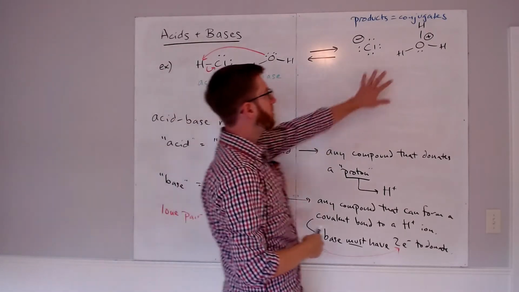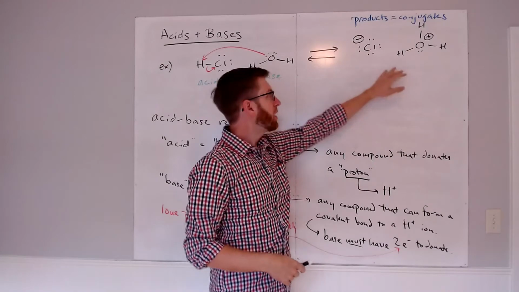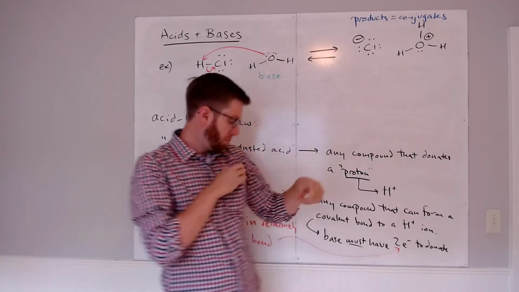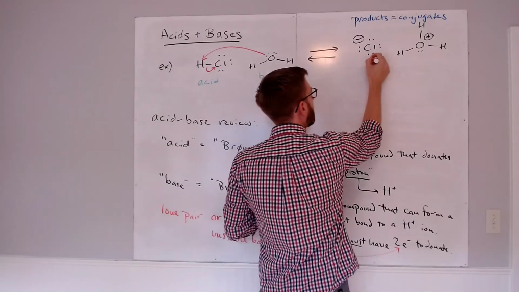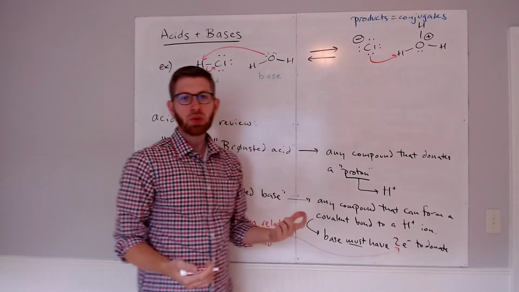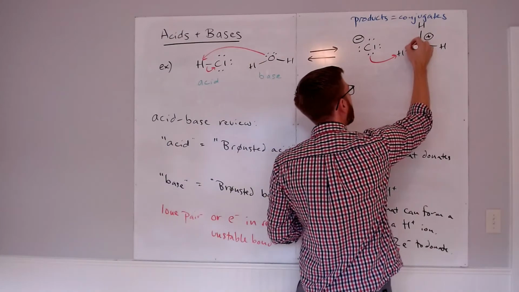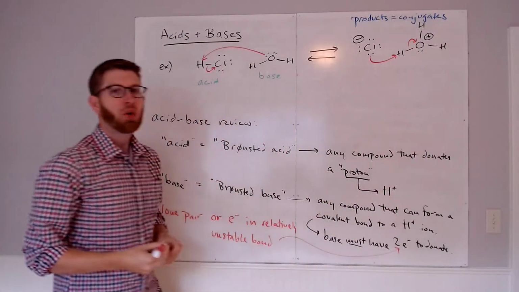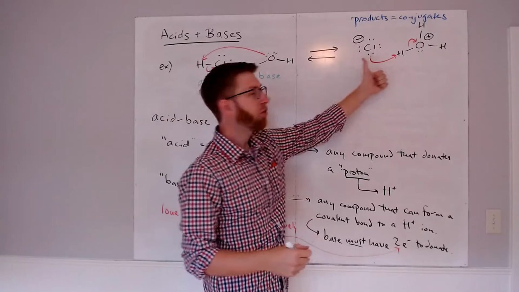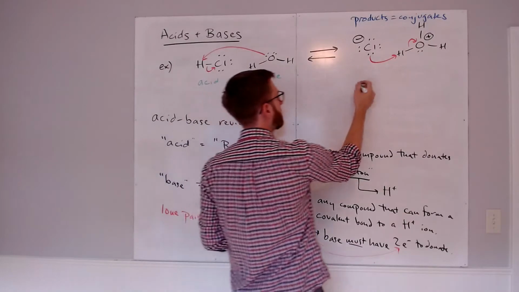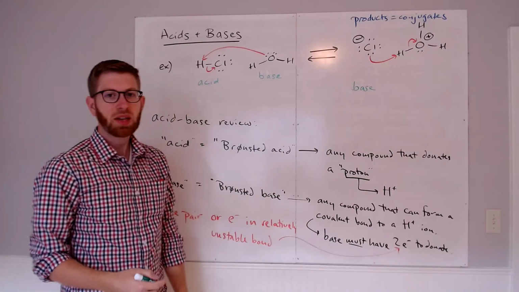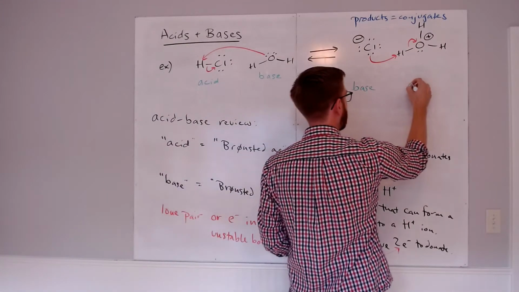So if I just looked at my conjugates, and then I looked at what I would turn them back into, it looks like Cl- could use one of its lone pairs to actually accept a hydrogen into a new bond to the chlorine, and this oxygen would be donating that proton. So it looks to me like the chlorine in the reverse reaction is functioning like a base. And the H3O+ cation is functioning like an acid in the reverse reaction.